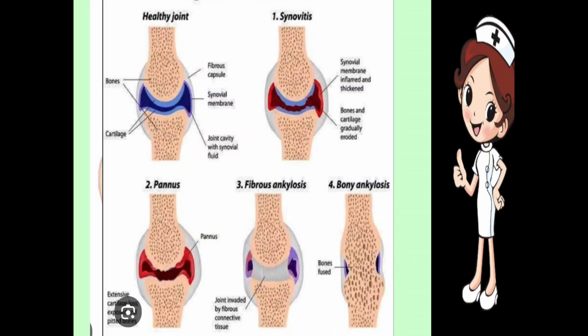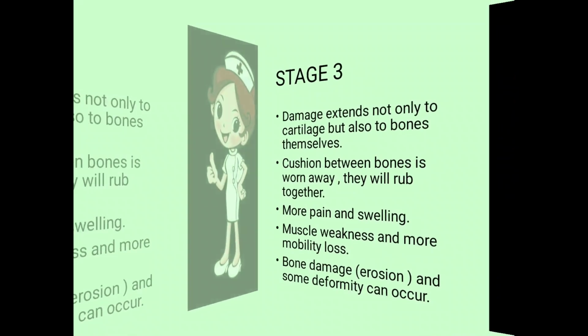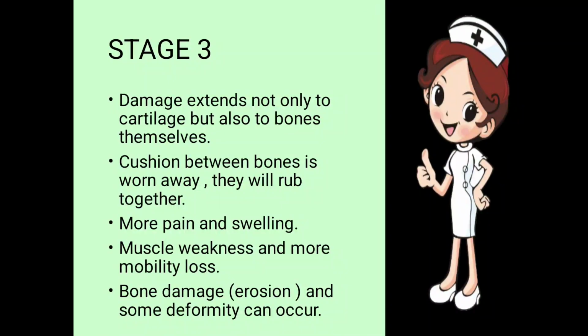When we move the joints, wear and tear takes place between both bones, because they are not able to move smoothly as the lubricant or grease is not present there. There is more pain as well as swelling compared to the second and first stages. Muscle weakness and more mobility loss. Now we are not able to move it to 100 degrees.